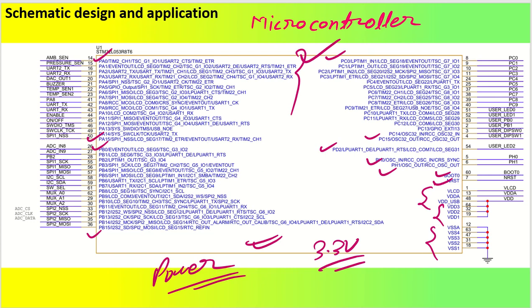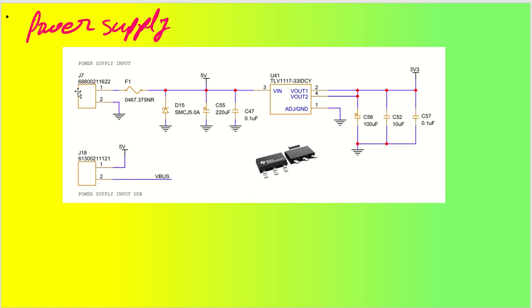For that, I have taken an external connector which takes a power supply input from some 5 volt source. A 5 volt regulated power supply is coming from somewhere, and that goes through a fuse of 375 milliamperes. I have also put one protection device, a 5 volt TVS diode, so that it clamps any spike to 5 volt.